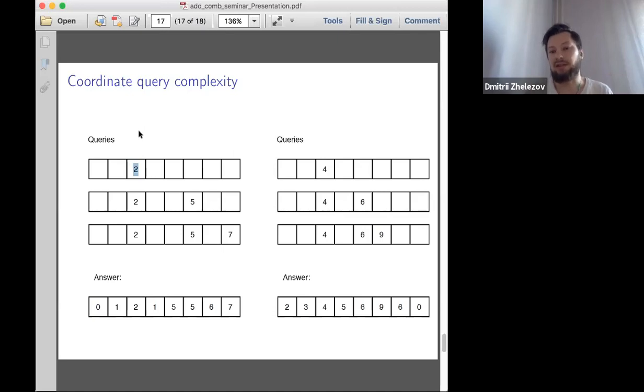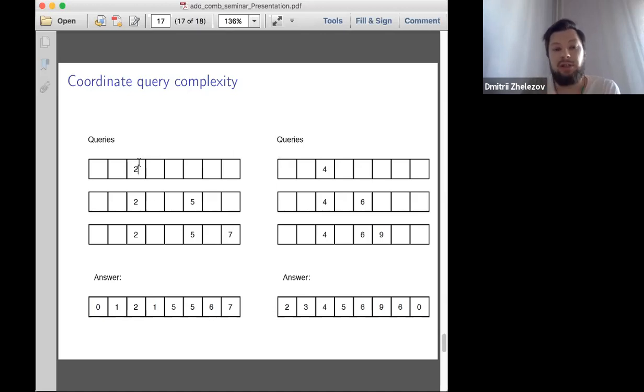You're allowed to ask a coordinate query. Basically, you point out some coordinate, say the fifth coordinate, and ask the oracle what is the value of the coordinate projection to this. And you want to make as few queries as possible in order to find out what was the original element from the set. So here's an example. In this case, you just follow some algorithm in order to do that.